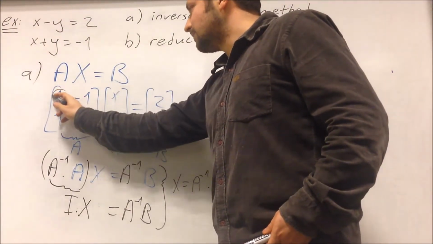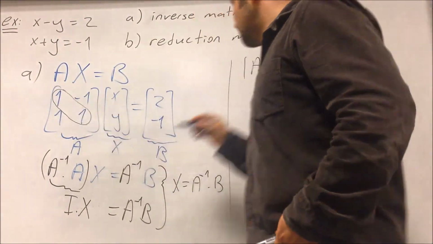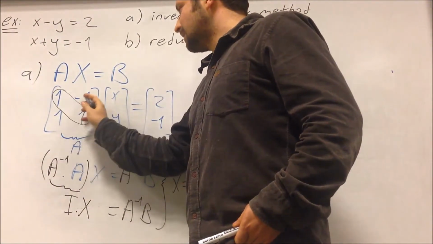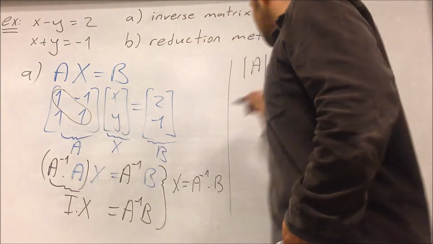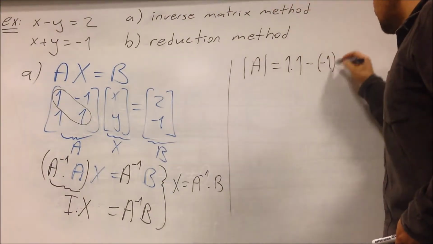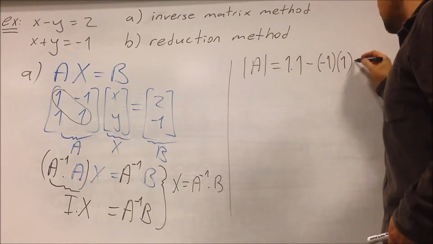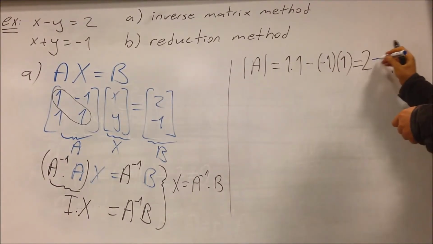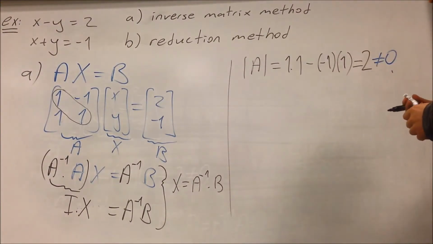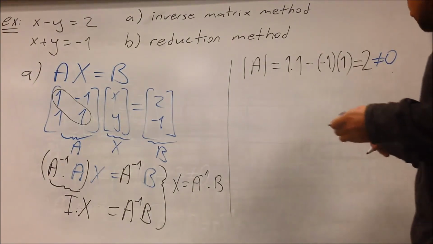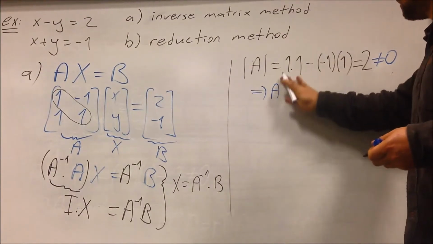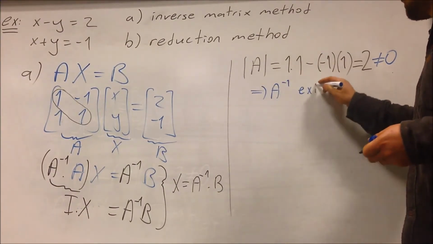Just multiply the entries in the main diagonal, 1 and 1, and the remaining entries, minus 1 by 1. Subtract the second one from the first to obtain a number. If this number is non-zero, then A inverse exists.